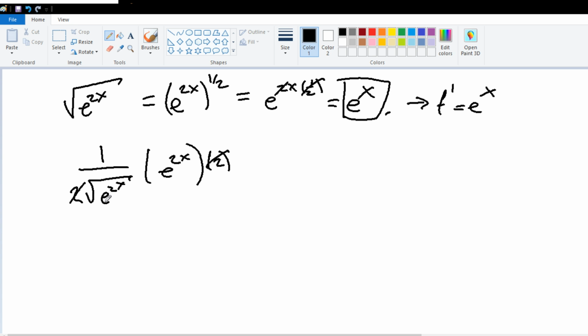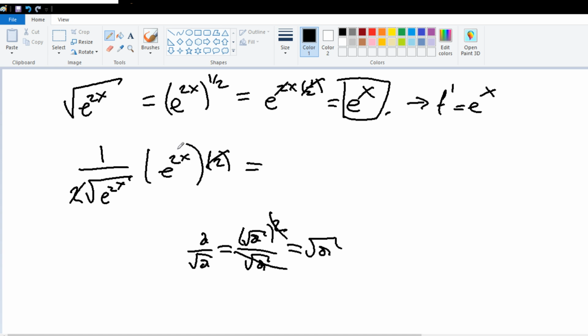And we have the square root of something and the thing on top. So whenever you have a over the square root of a, that's equal to square root of a squared over the square root of a, and it cancels to be just the square root of a. So we have this thing in the numerator and its square root in the denominator, so that's just going to be square root e to the 2x, right?